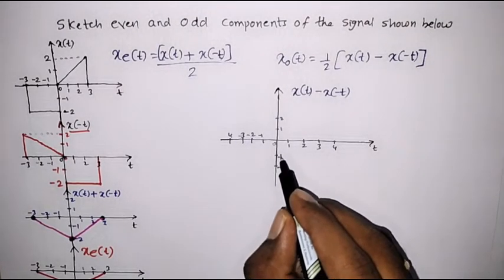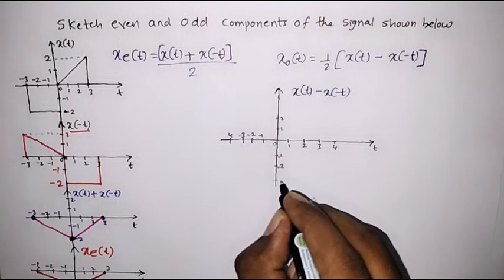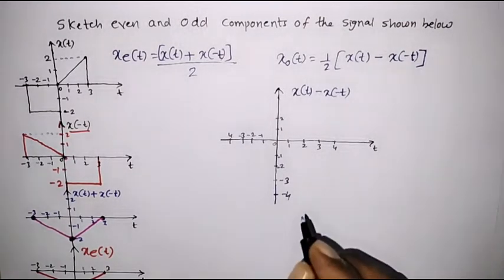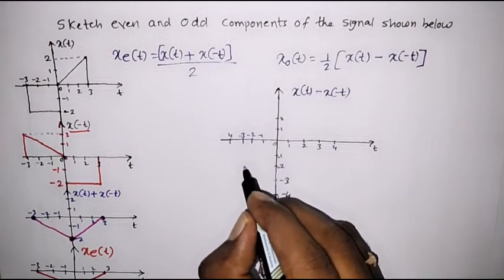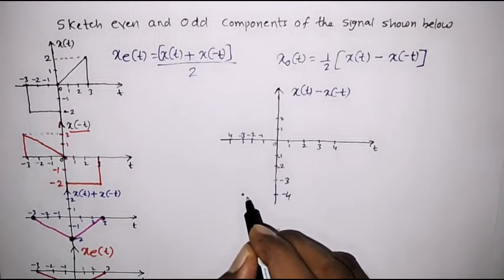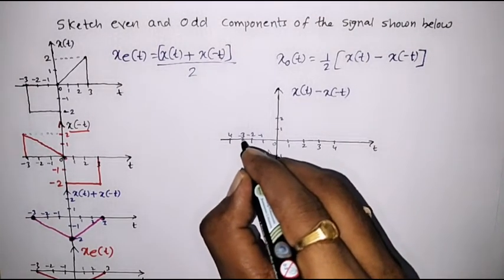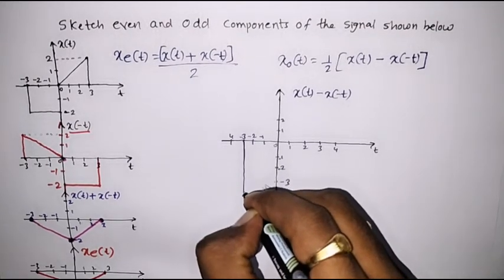This is -1, this is -2, let this be -3 and let this be -4. So at t equal to -3 this is the point, that is -4. I will join these two.